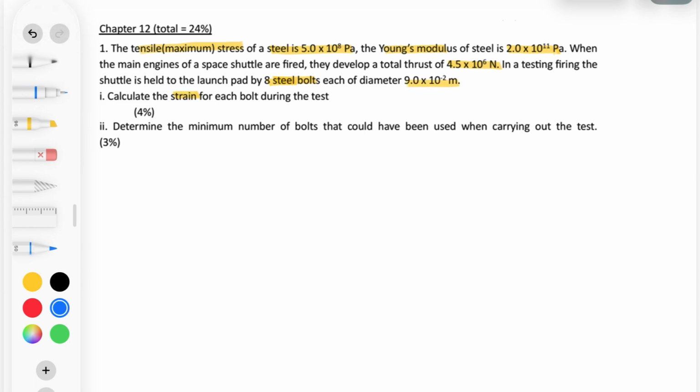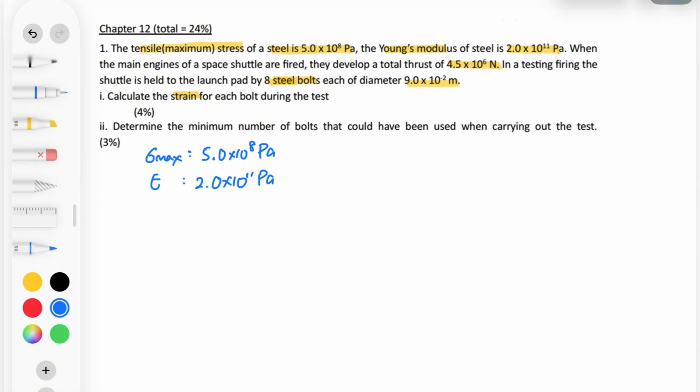Okay, first things first, we need to list down everything we got. The maximum stress of steel that it can handle, not the current stress we have, is stress max equals 5.0 times 10 to the power of 8 Pascal. The Young modulus E is 2.0 times 10 to the power of 11 Pascal.